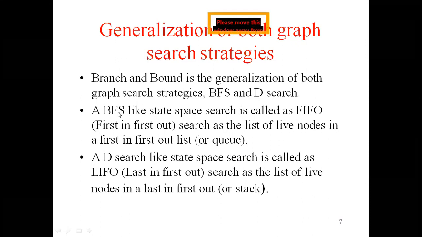So among graph search strategies, breadth first search uses the queue, so it is called first in first out search, whereas depth first search uses the stack, so you can call it last in first out search.